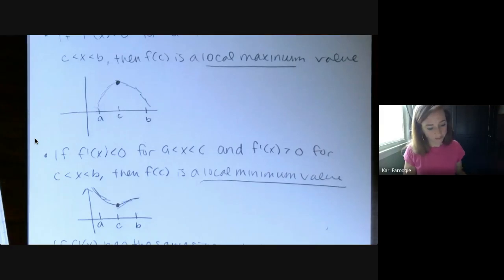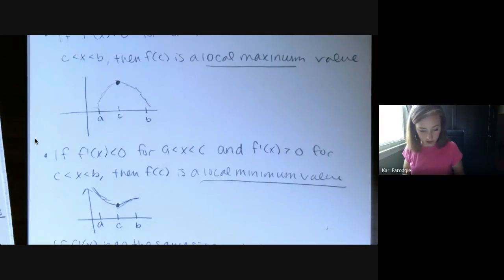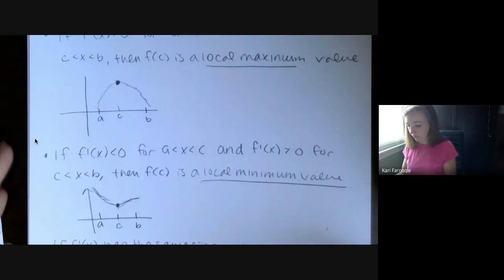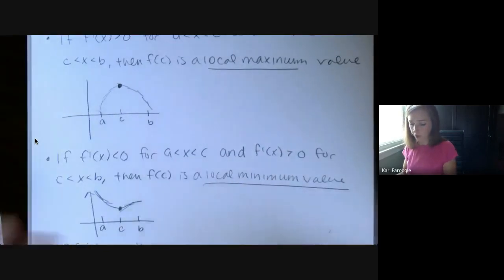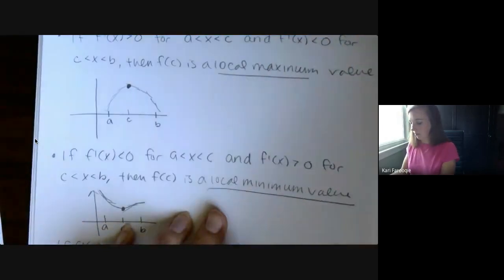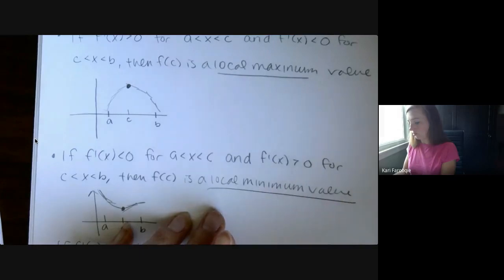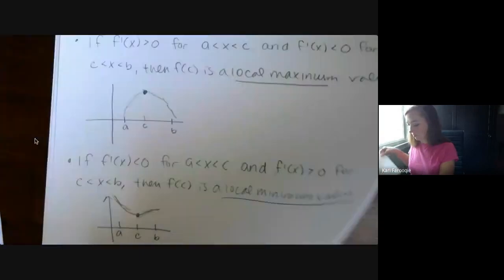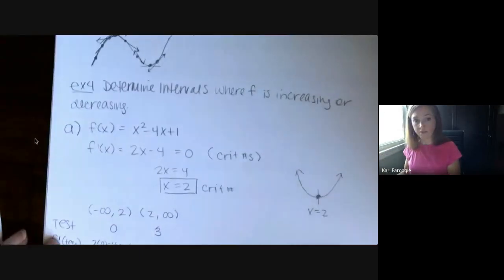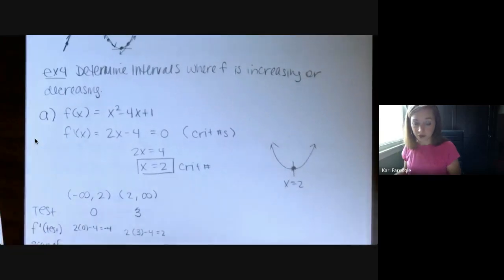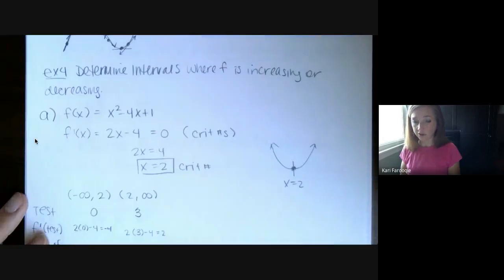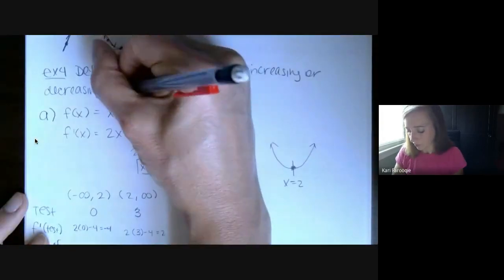Okay. So I'm going to use that now to finish out example 4a, and then we'll also use it on B and C. So I'm going to go back, sorry, no, this is straight, to example 4a. And I'm going to add something to the instructions here. So determine intervals where f is increasing or decreasing.